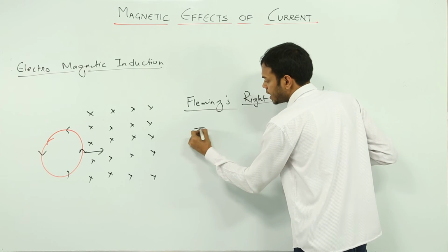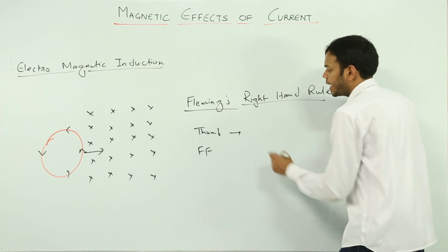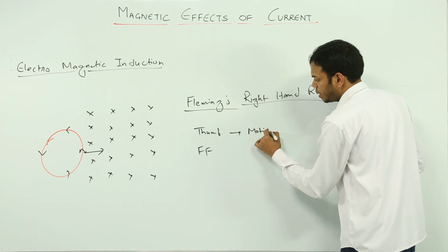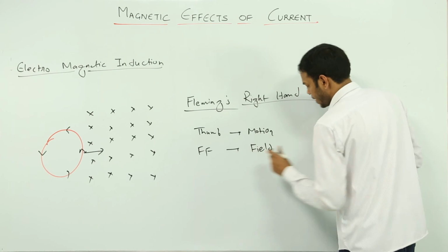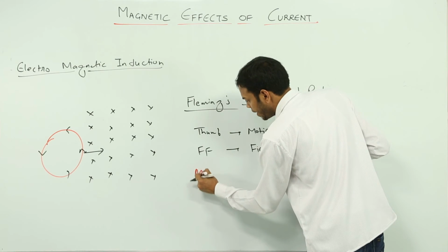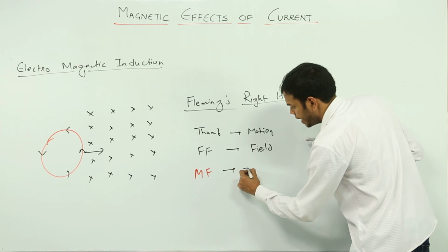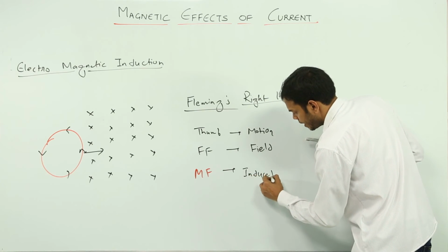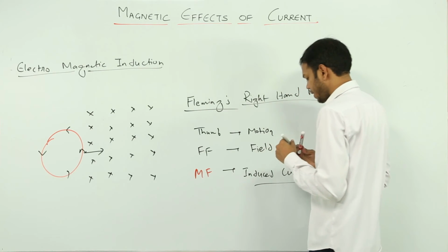Fleming's right hand rule states thumb in the direction of motion, first finger in the direction of magnetic field, then the middle finger is going to give you the direction of induced current. This whole phenomenon is electromagnetic induction.